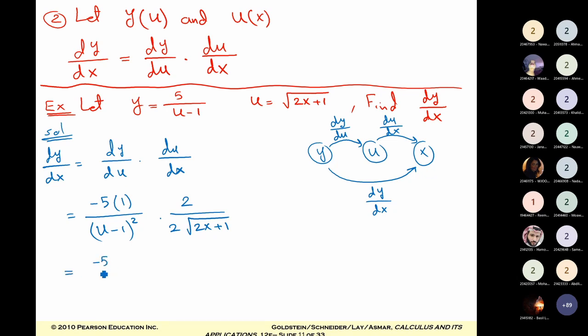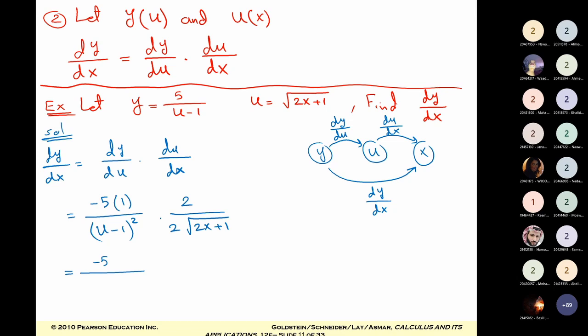Okay, now this equals minus 5, and we need to find dy over dx. So the final answer must be with respect to x only, because we need dy over dx.